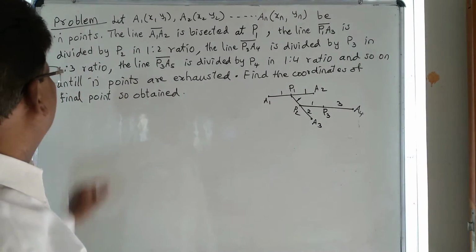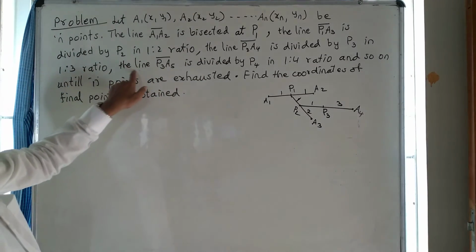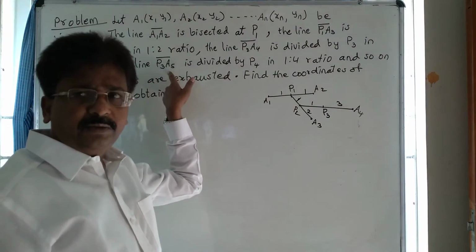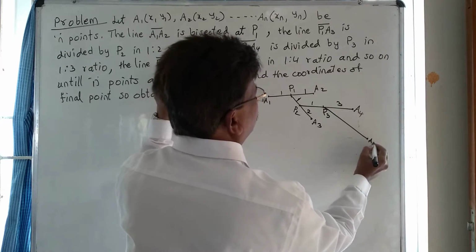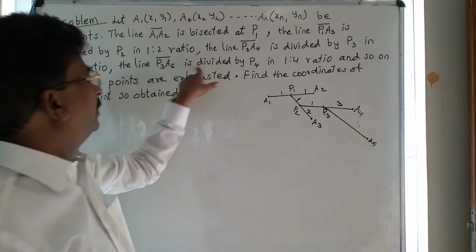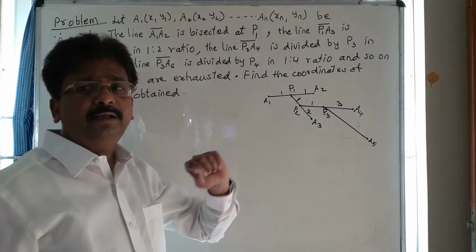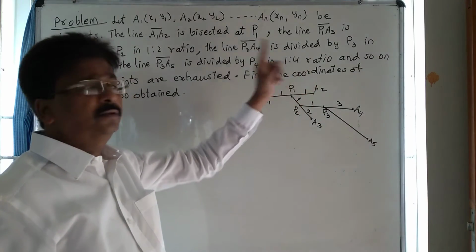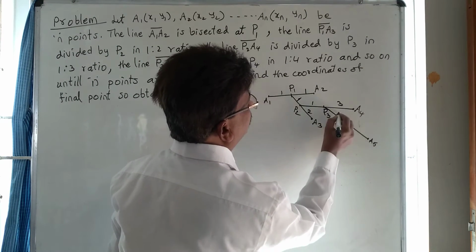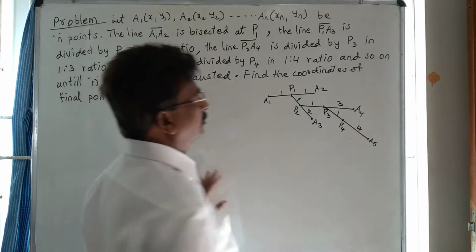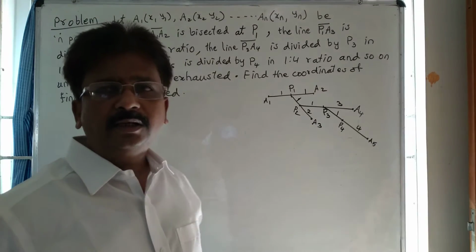Next, one more thing is given: the line P3 A5, with A5 somewhere. This line segment is divided by P4 in the ratio 1:4. So P4 lies here, with 1 unit on one side and 4 units from P4 to A5, and so on.